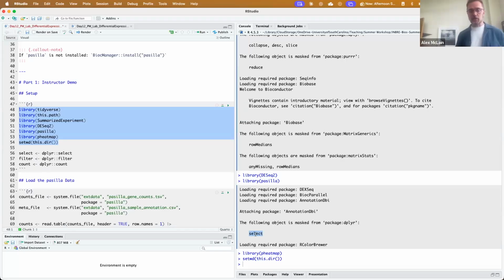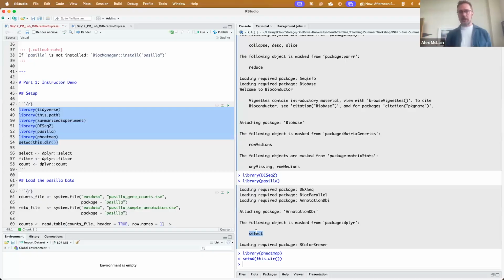There's another package called MASS, M-A-S-S, all caps, a very common package to get loaded in as a companion package. It's a required package for a lot of other ones. And MASS has a function called select. dplyr has a function called select. I cannot tell you how many times this trips me up.